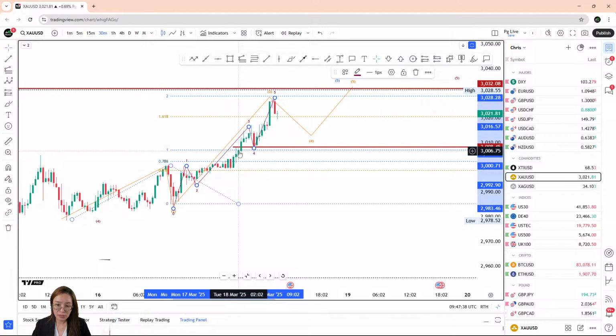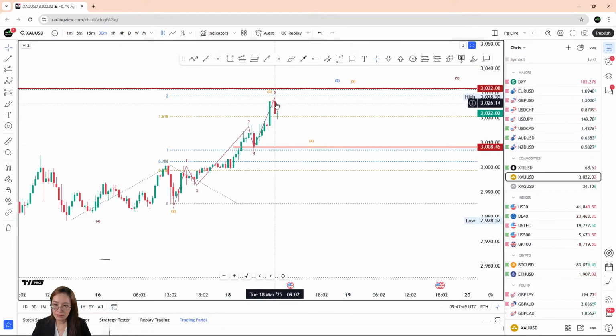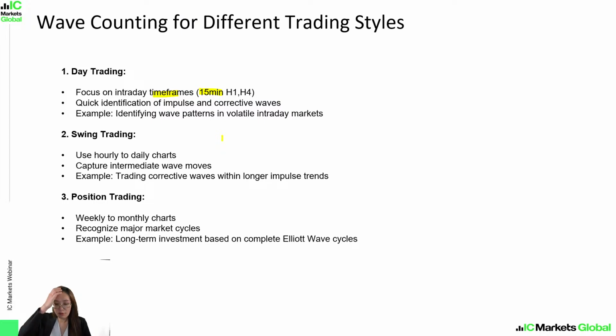Are you following? Are you getting confused? So this is the 200% projection to get wave 3. You can use the projection to get wave 3 as well, or for wave 4 or wave 5 you can use the extension and projection.